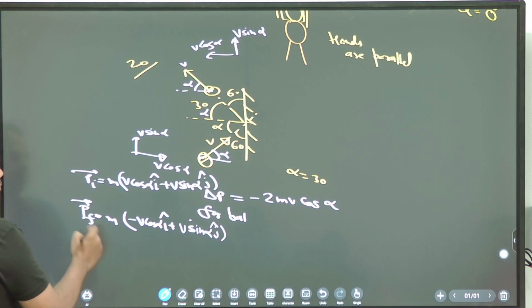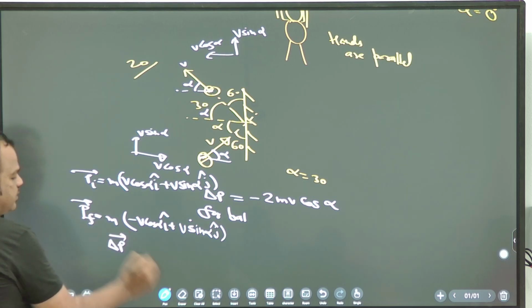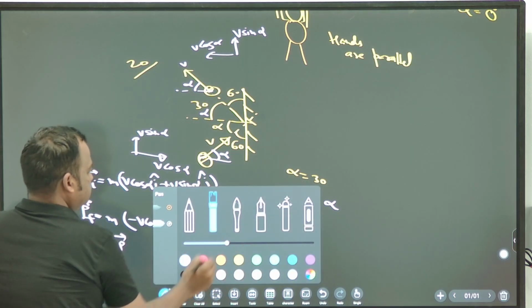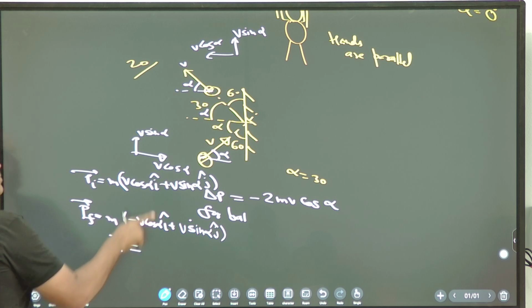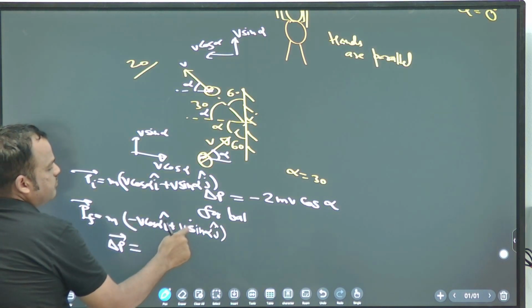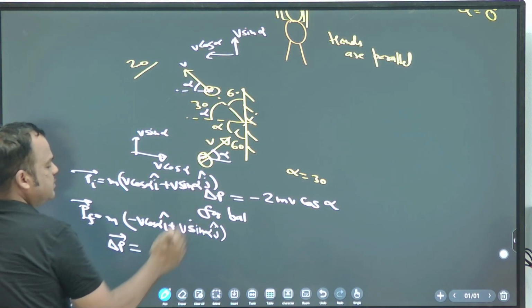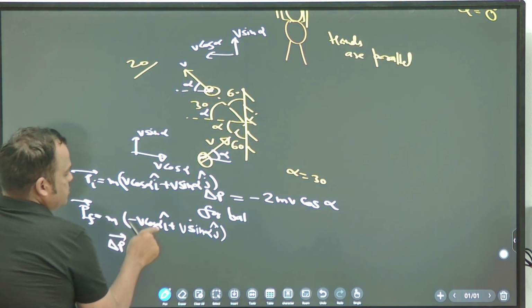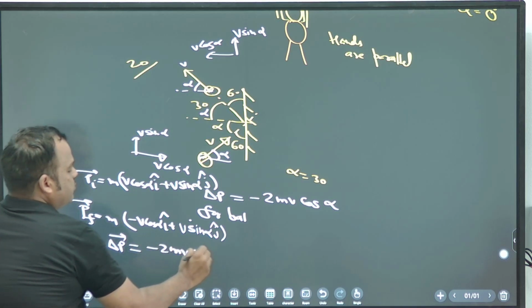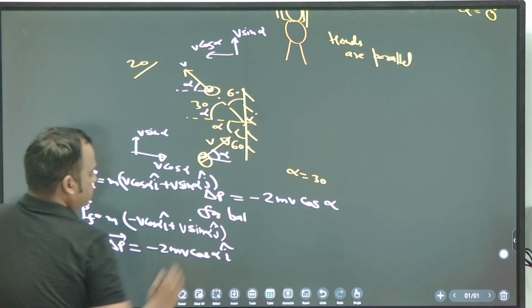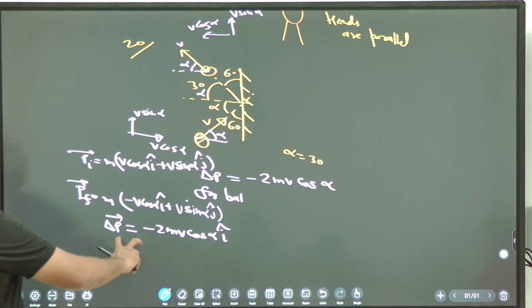Now find delta P vector. What is delta P vector? P final minus P initial. So this V sin alpha j cancels. So minus mv cos alpha minus mv cos alpha, correct? So minus 2 mv cos alpha i cap. Understood? So this is delta P.